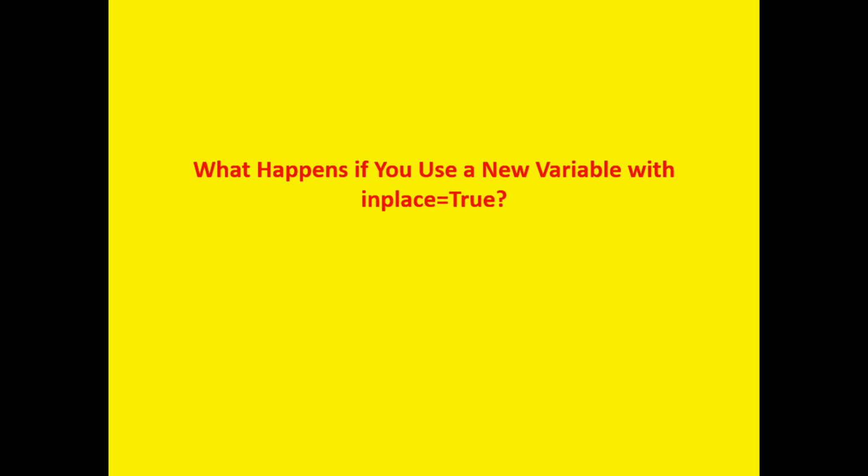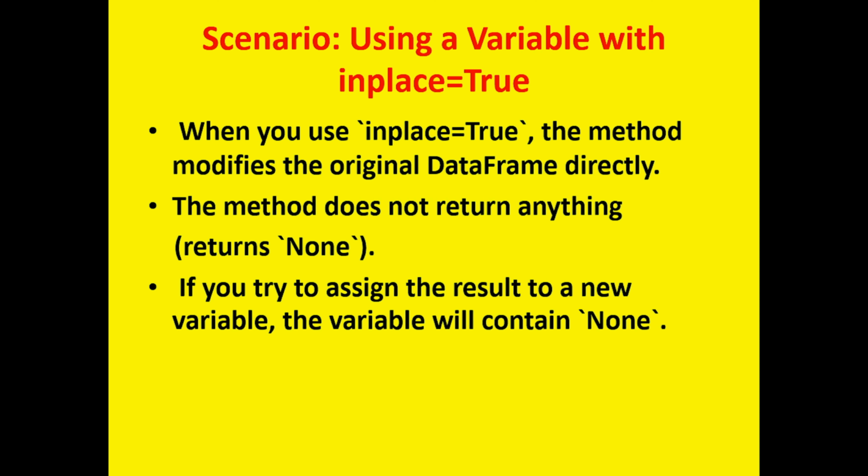When you use inplace equal to True, the method modifies the original data frame directly. The method does not return anything, it returns None. If you try to assign the result to a new variable, the variable will contain None, right?